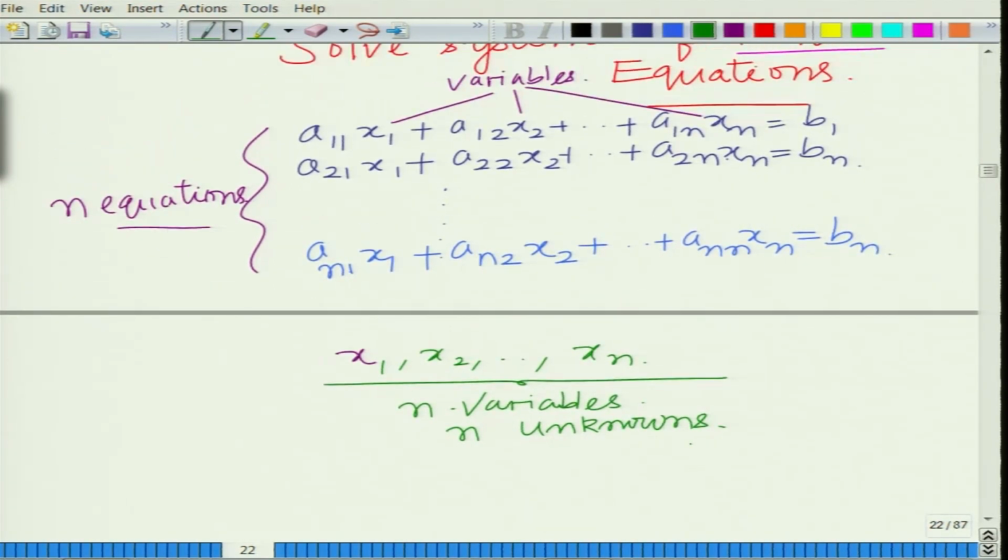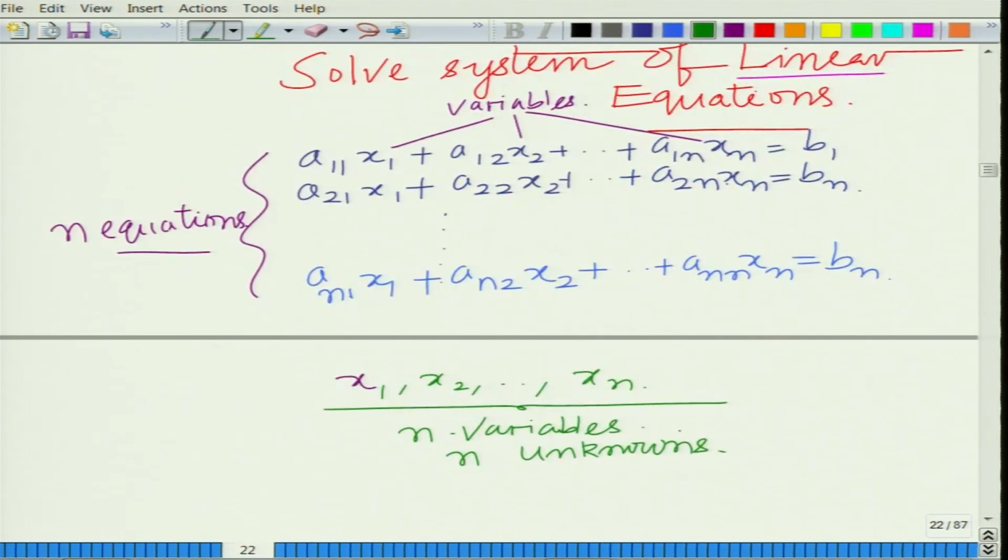So, we have a system of n equations and n unknowns, and this is a linear system of equations because it is linear in x1 x2 xn. And why is it a linear system?